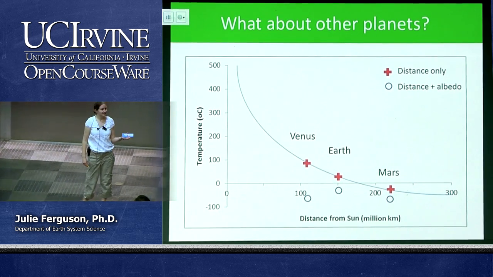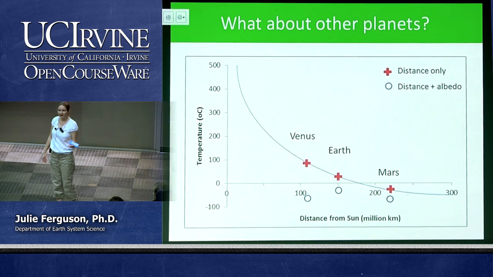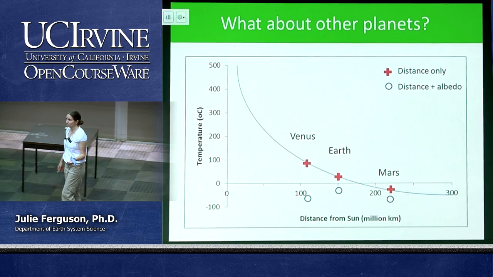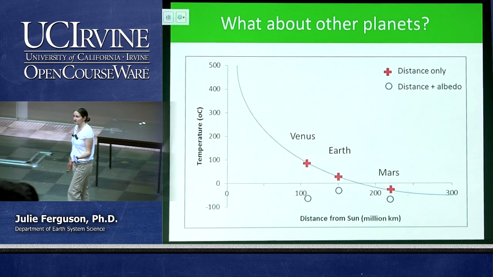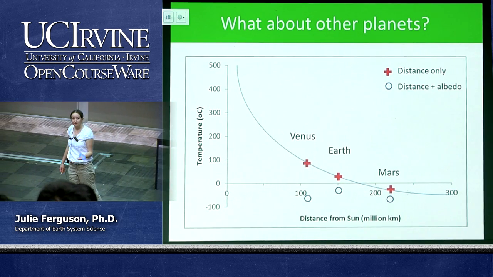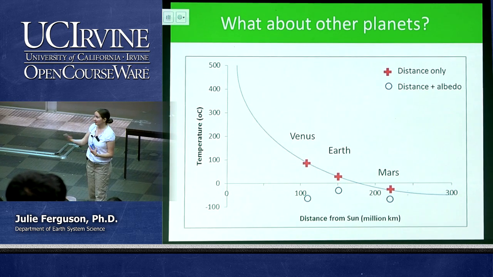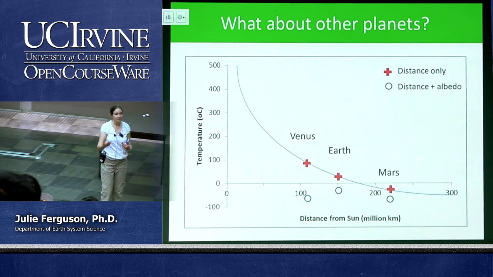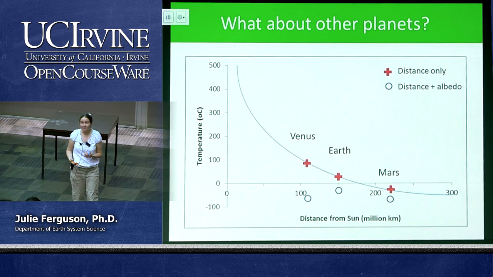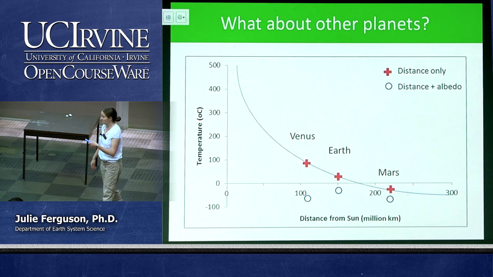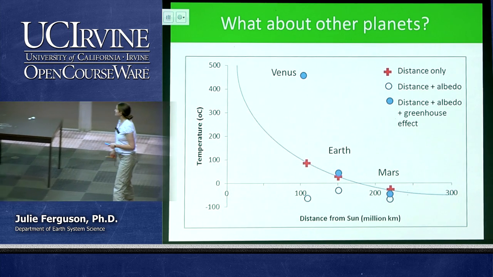So Earth is nice and close, it's about 15, right? How much of a greenhouse effect do you think there's going to be on Mars? More or less than on Earth? Less. It's difficult to say, right, because its atmosphere, again, is mostly CO2, but we have so little atmosphere that it's not going to have a significant effect. So you are, in fact, absolutely right.